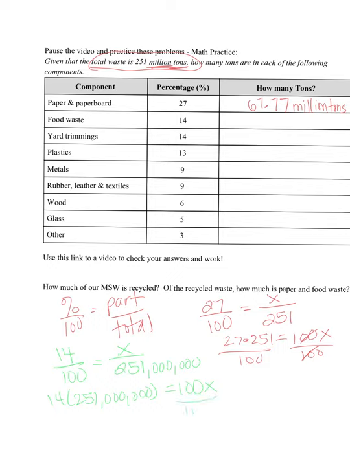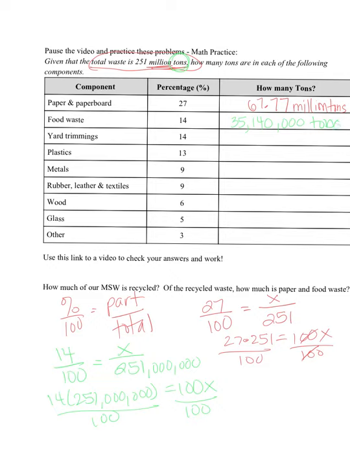When I cross multiply, and then when I divide both sides by 100, I am going to get here 35,140. So I'm going to get 35,140,000.